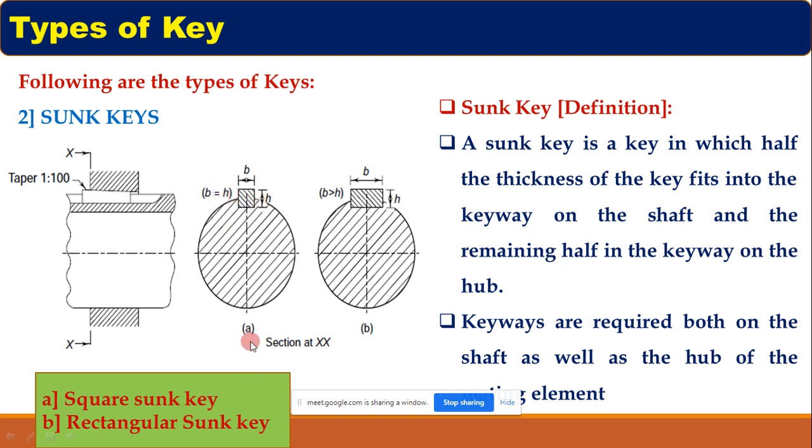So this is the first type of key, where height is equal to width.